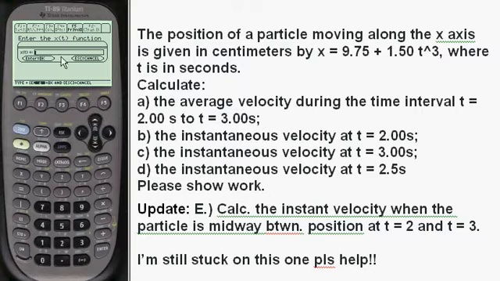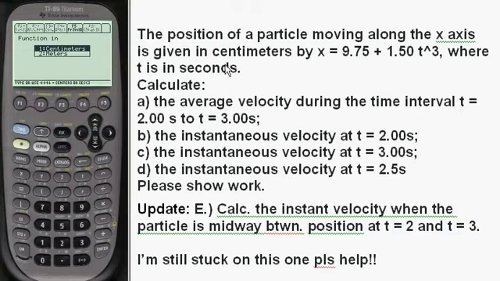And we're going to enter the function here. We have to press alpha first. So I pressed alpha, and I'm going to enter 9.75 plus 1.5 times, you always have to add in the calculator times, you have to tell the calculator what to do, times t, here's the capstan, for cubes.